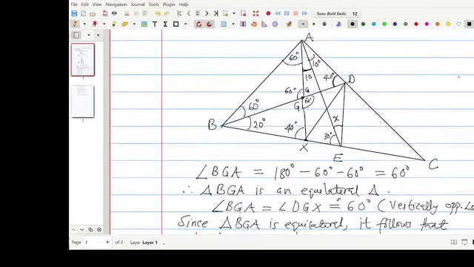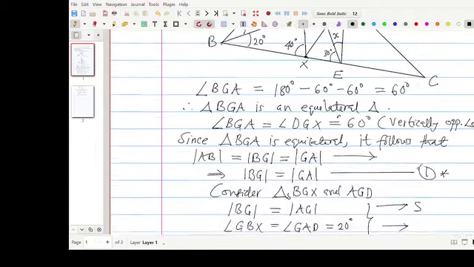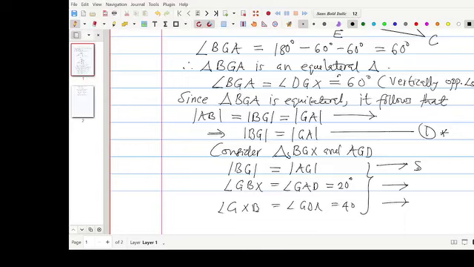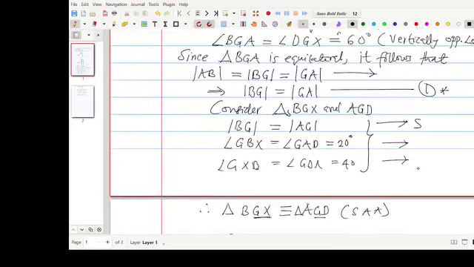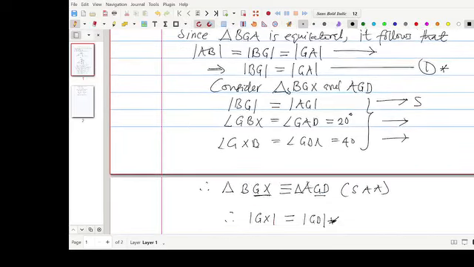Now you discover that side BX is equal to AD. Why? Don't forget we have established that triangle BGX is congruent to triangle AGD. All right.